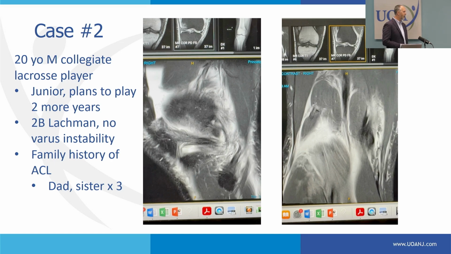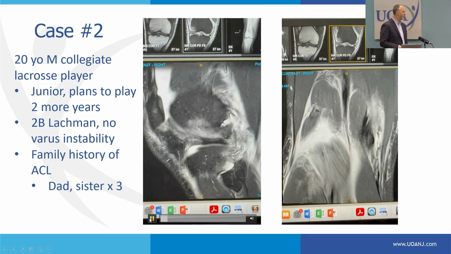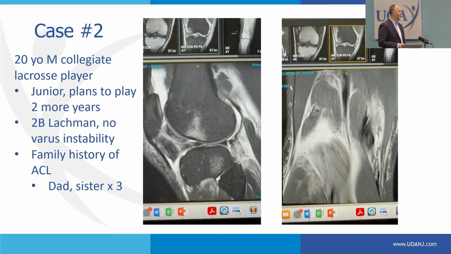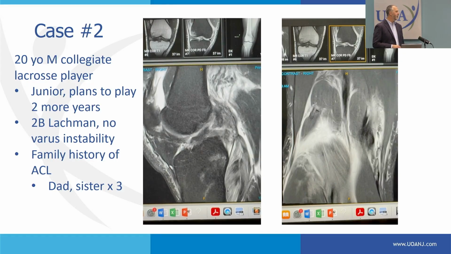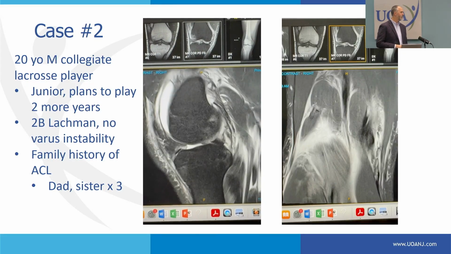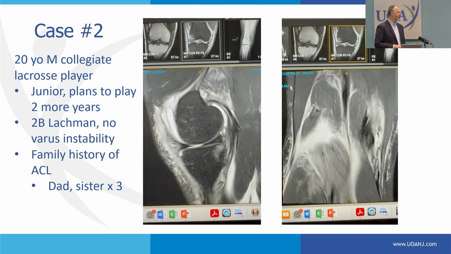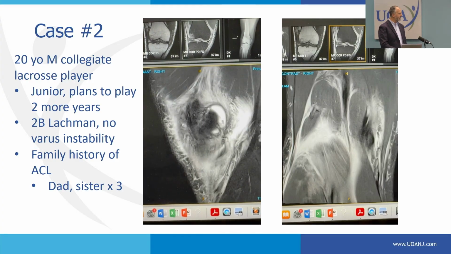And this is your MRI here on the sagittal cuts. So you have a bone bruise pattern here with a lot of edema of the knee, even looking at the back of the knee. Complete ACL tear there. And as you go to the medial side, some bone bruise pattern of that.